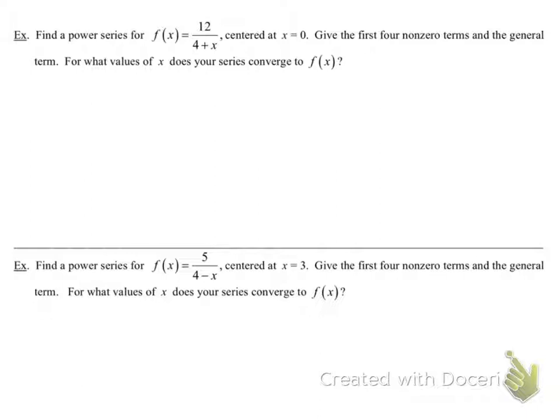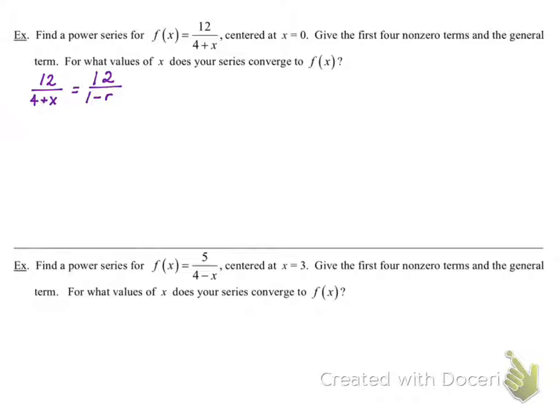We have 12 over 4 plus x. How can we make that so that it looks something like 12 divided by 1 minus r? Well, we can make that x.